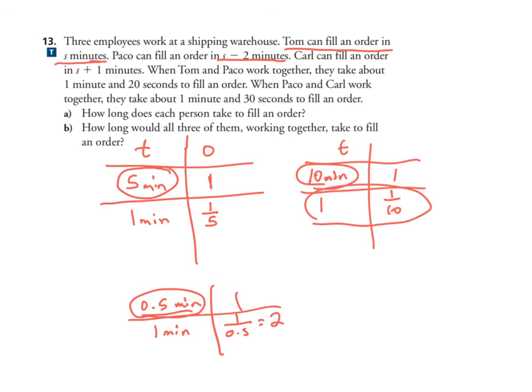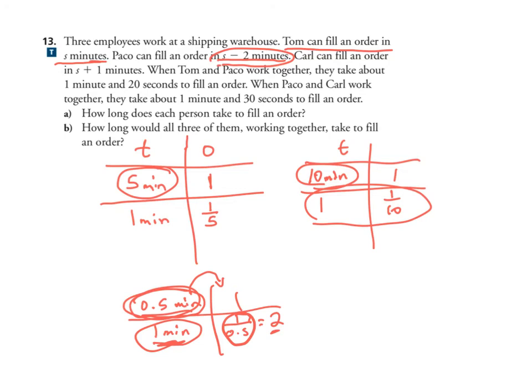So no matter what, the number of minutes that it takes me to complete an order, 1 over that is the number of orders I can do in 1 minute. And that's the measurement I want. So instead of saying how long it takes them to do an order, let's say how many orders they can do in 1 minute. So let's change all that.